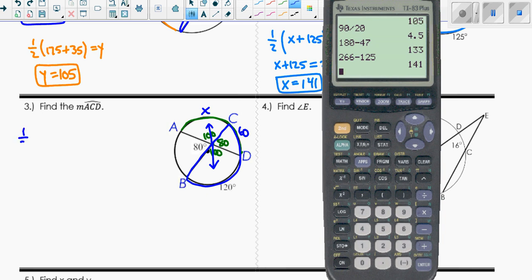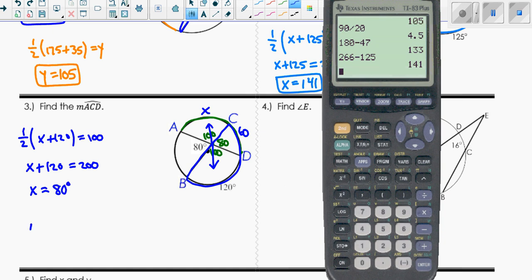So I'm going to say half, and those are the angles inside of my circle. So I'm going to take those arcs and I'm going to add them. And then that equals 100 degrees. Again, I'm going to double both sides. Subtract 120, and I get that angle is 80 degrees.